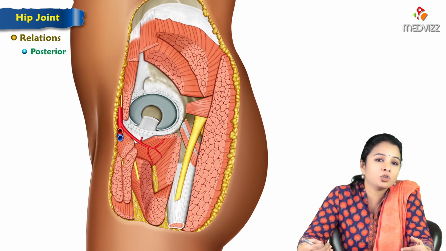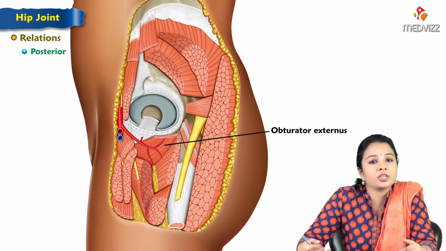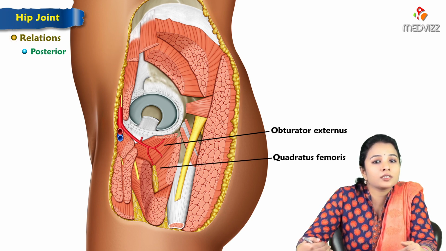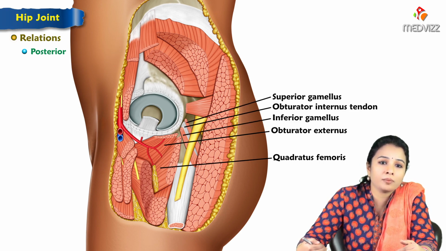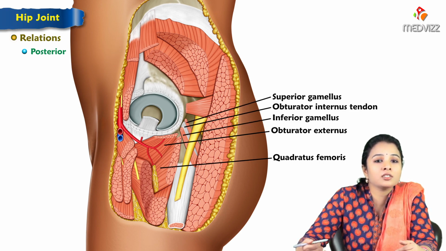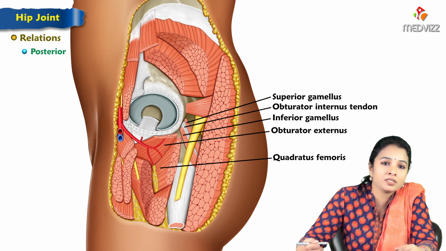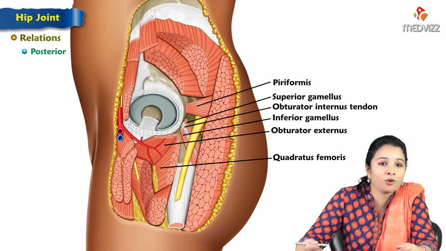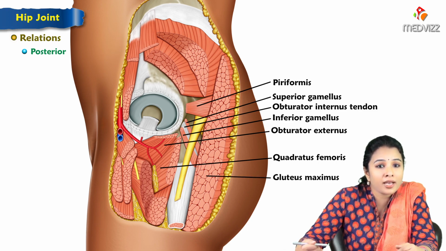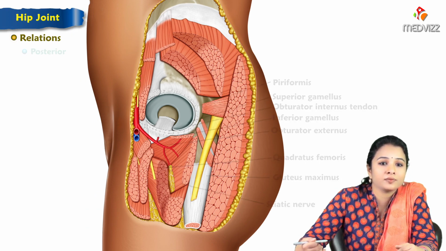Posteriorly, the hip joint is related to obturator externus, quadratus femoris, and the obturator internus tendon with two gemelli, that is, obturator internus with superior and inferior gemelli together forming a tricipital tendon. And posteriorly, the hip joint is also related to piriformis, which is the key muscle of the gluteal region, gluteus maximus and sciatic nerve.